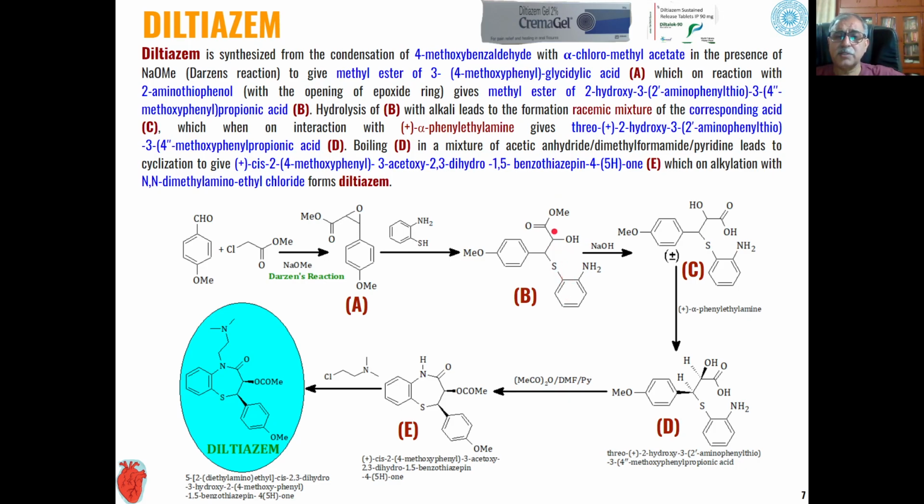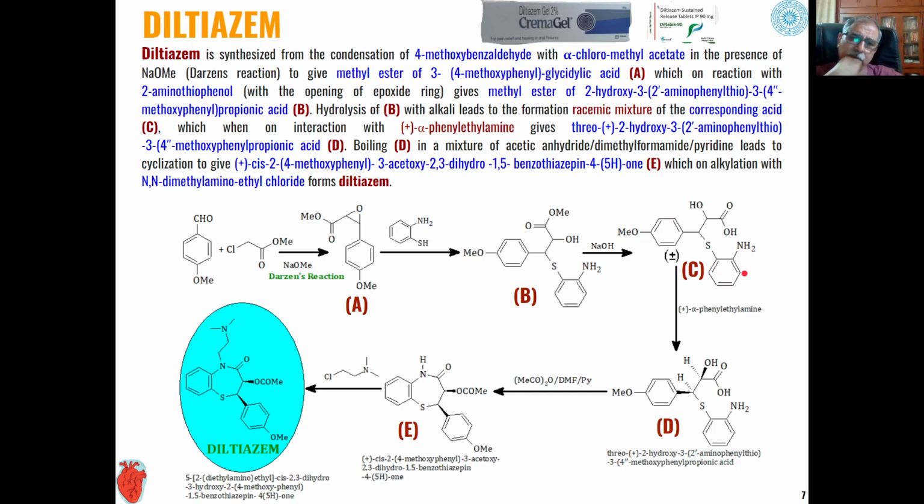And these methyl ester derivatives, when reacted with sodium hydroxide and then under acidic conditions, undergo hydrolysis, and we get the corresponding carboxylic acids as the product. A racemic mixture of these acid derivatives is formed.